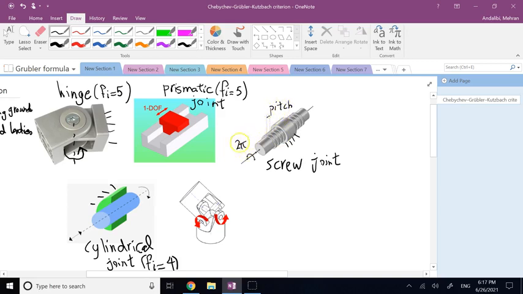They are linearly related. Therefore, this joint does not leave you with 2 degrees of freedom. Only one of them is independent, and the other one depends on it. And so the degrees of freedom this joint takes away is actually 5. So it looks like cylindrical, but it acts similar to a hinge or prismatic joint, not the cylindrical.